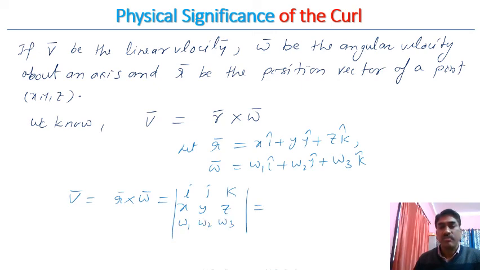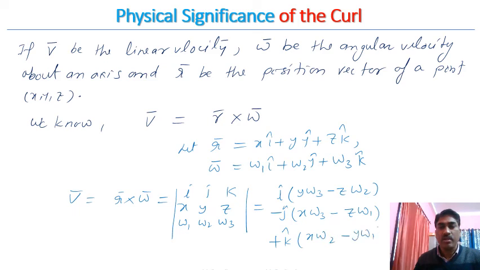So you can find this is equal to i times (y omega 3 minus z omega 2) minus j times (x omega 3 minus z omega 1) plus k times (x omega 2 minus y omega 1).